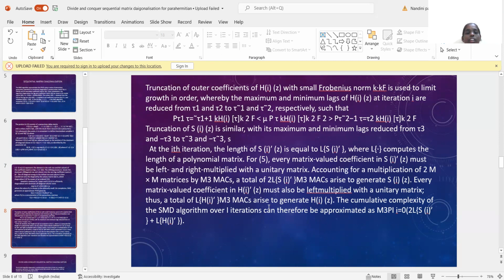Every matrix valued coefficient in H must also be left multiplied with a unitary matrix. Thus, the cumulative complexity of the SMD algorithm over iterations can therefore be approximated as follows.